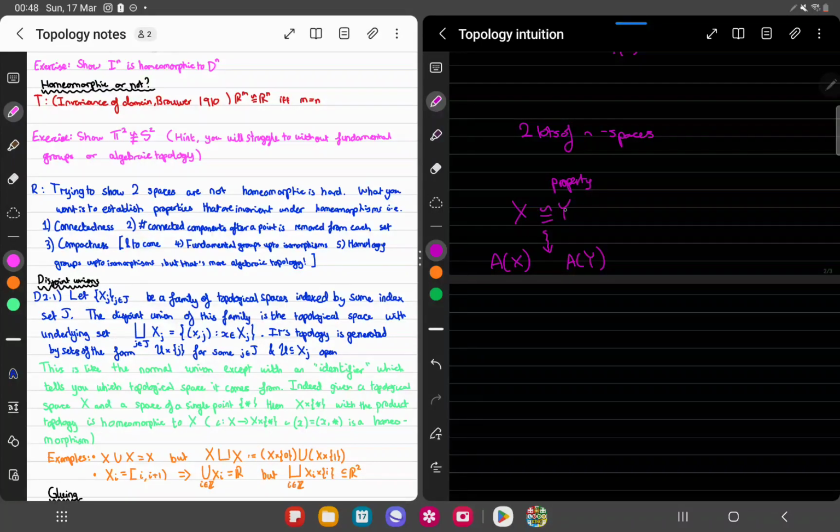I expect that through homeomorphisms, after doing some sort of operation, yeah, I mean, how do I say this? It's like connectedness.